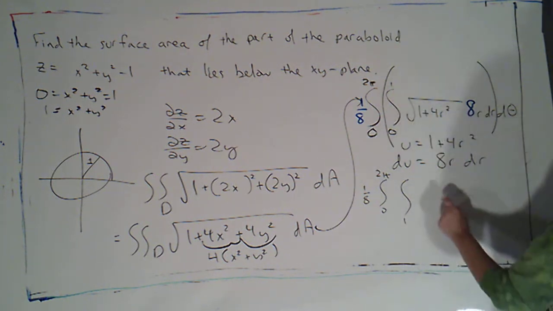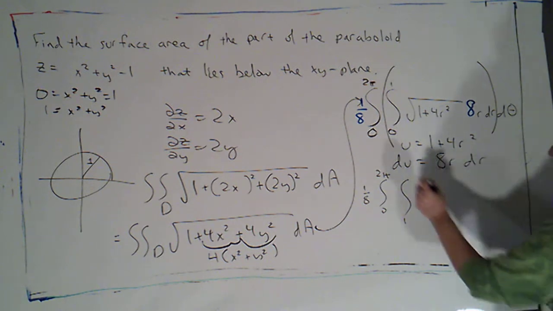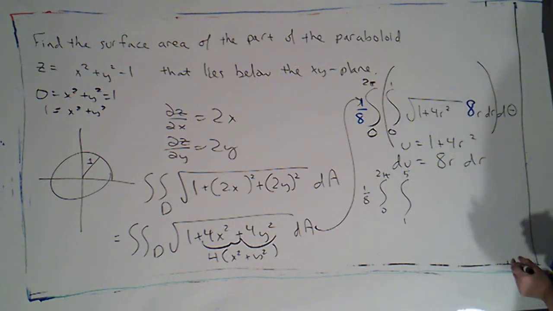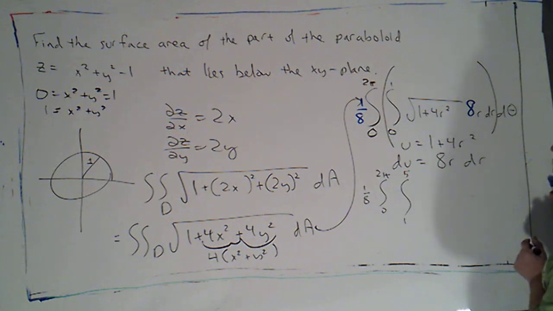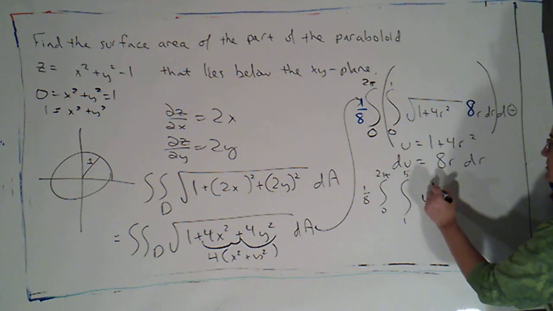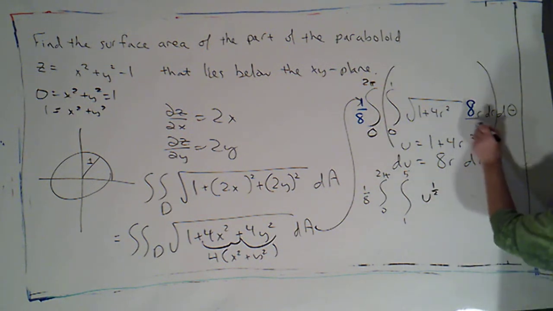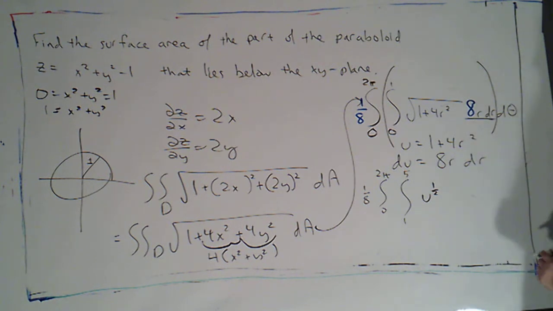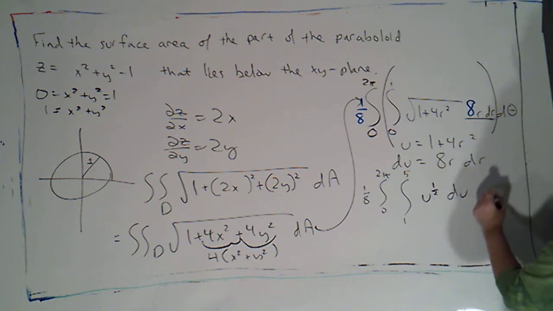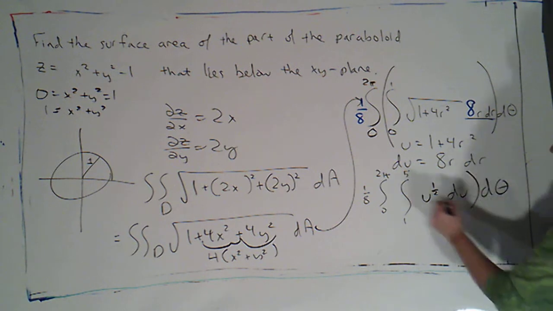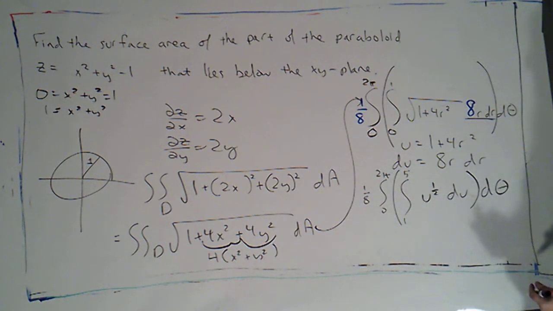The u value at 1 is 1 plus 4 times 1 squared, that's going to be 5. Okay. And then we've got the square root of u, which is just u to the 1/2, and then all of this here, the 8, the r, and the dr is my du. Once we've done that, we'll integrate with respect to theta.